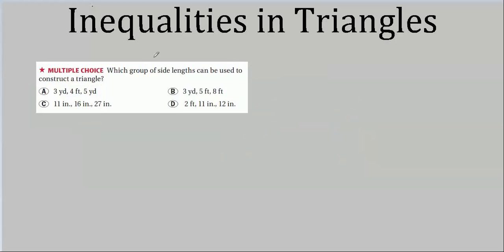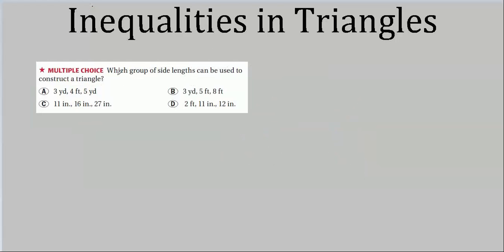Here's another problem. Almost exactly the same. We're going to use our triangle inequality. Which group of side lengths can we use to construct a triangle? Well, I guess if we find one, we can stop. But I like to check and make sure that we've got stuff right. So let's convert these. That's the only difference between this problem and the other one, is that we have units here.